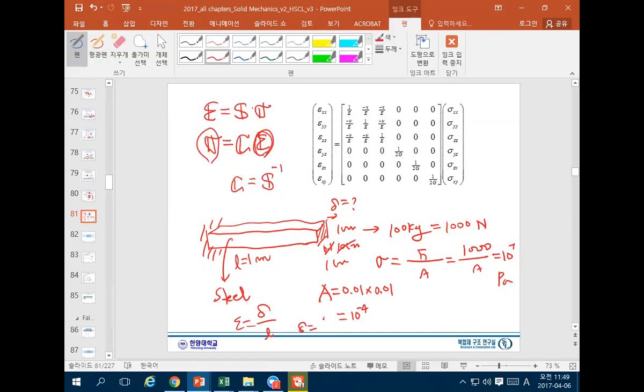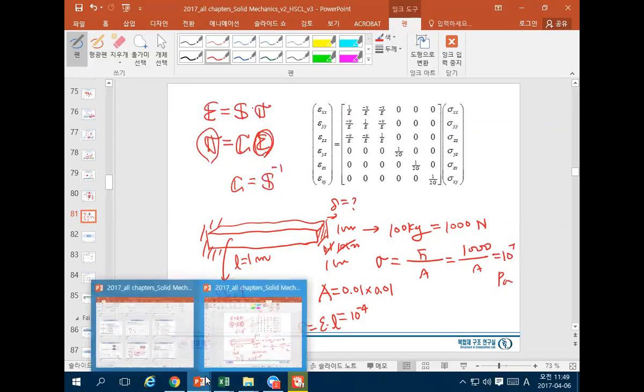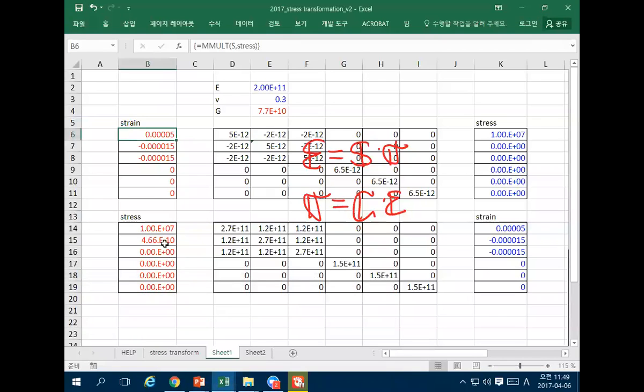So delta will be epsilon times L. The L equals 1 meter, and strain times 1, and this will be delta. 단위가 뭐예요? 미터예요. 그러니까 델타가 이놈 곱하기 length. 랭스가 1m니까 델타가 요거고.